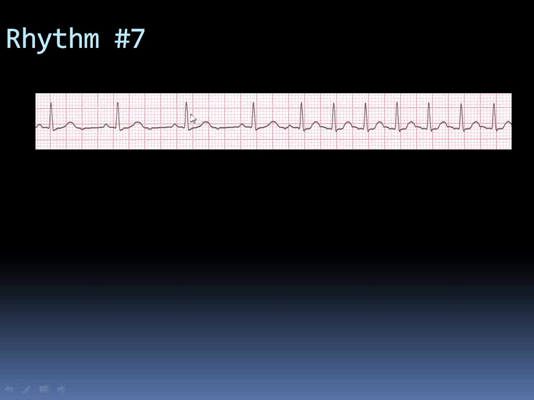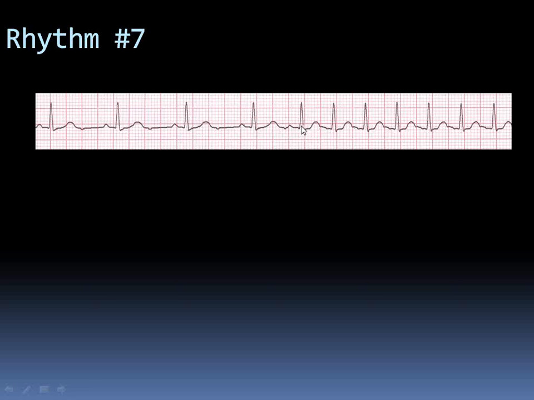The rate over here is about 75 beats a minute. The rate over here is about 150 beats a minute. This is a typical EKG of a patient who is in SVT. Okay? Once again, sinus rhythm with a PQRS, sinus rhythm with a PQRS, no P wave.